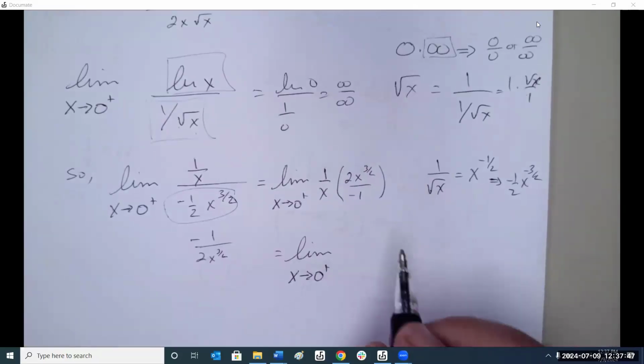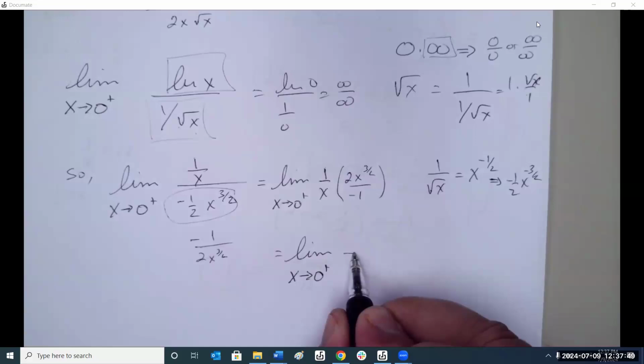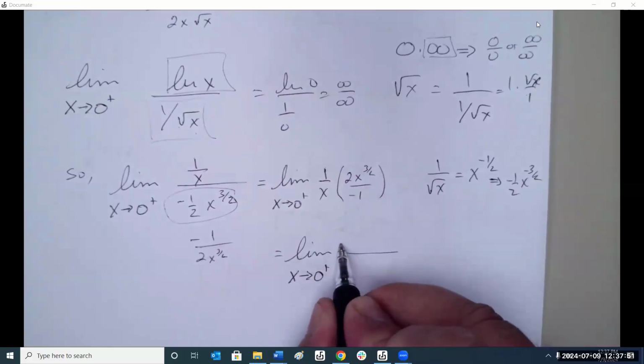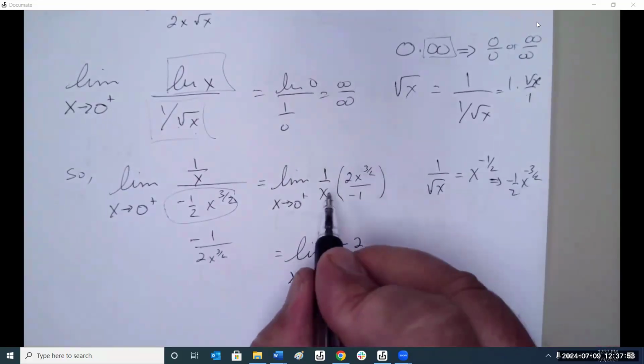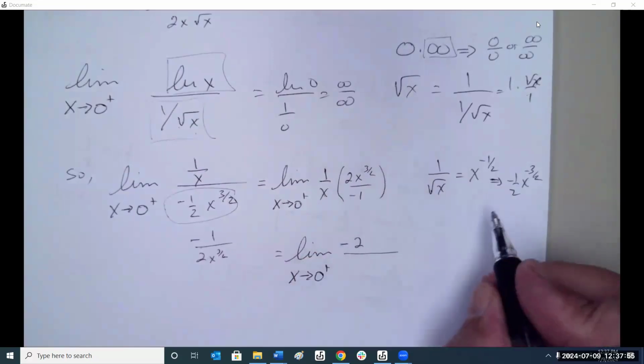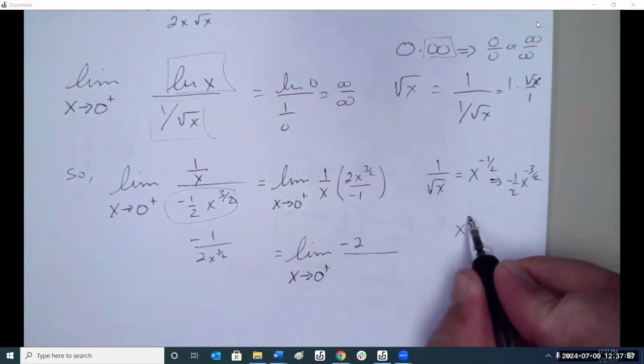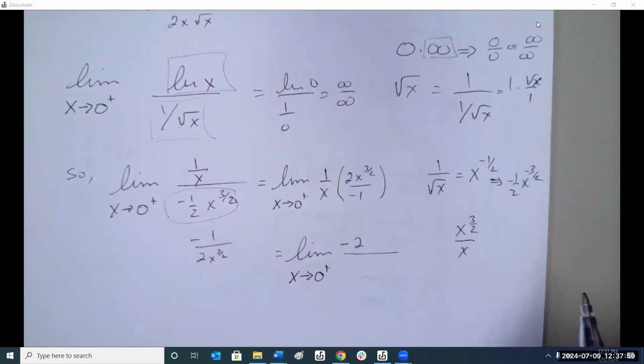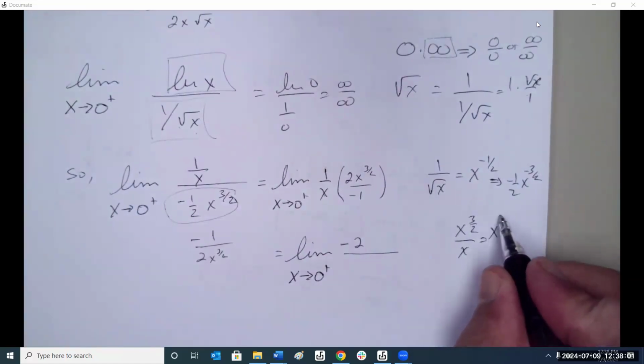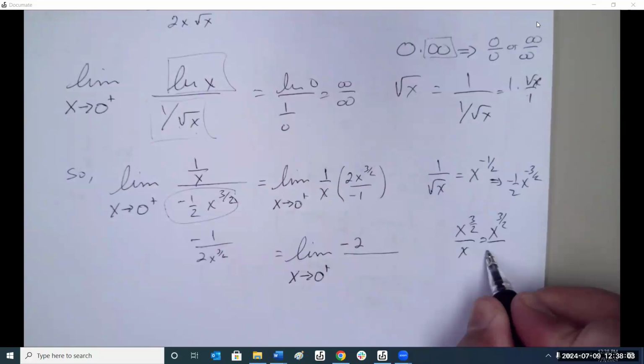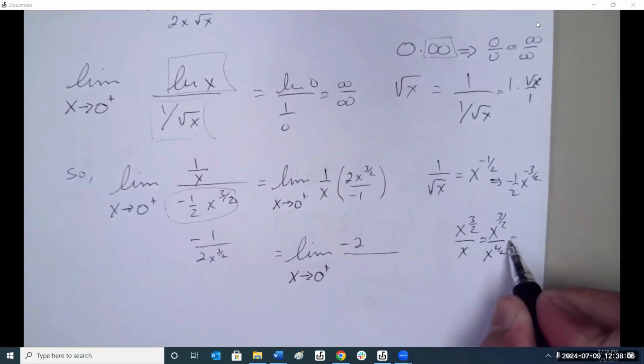Again, this is just algebra. So the answer is going to be negative 2 times x to the 3/2 divided by x, which is x to the 3/2 divided by x to the 2/2.